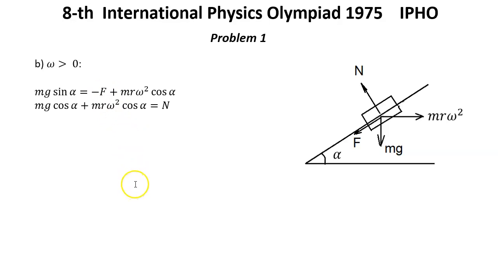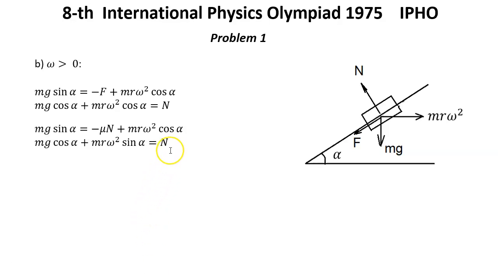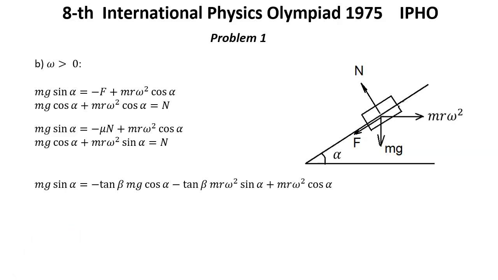Now imagine that force of friction F has critical expression mu N. In that case we have this expression, and now we can put this N into the first formula, and instead of mu again we can use tangent beta. So we have this expression.